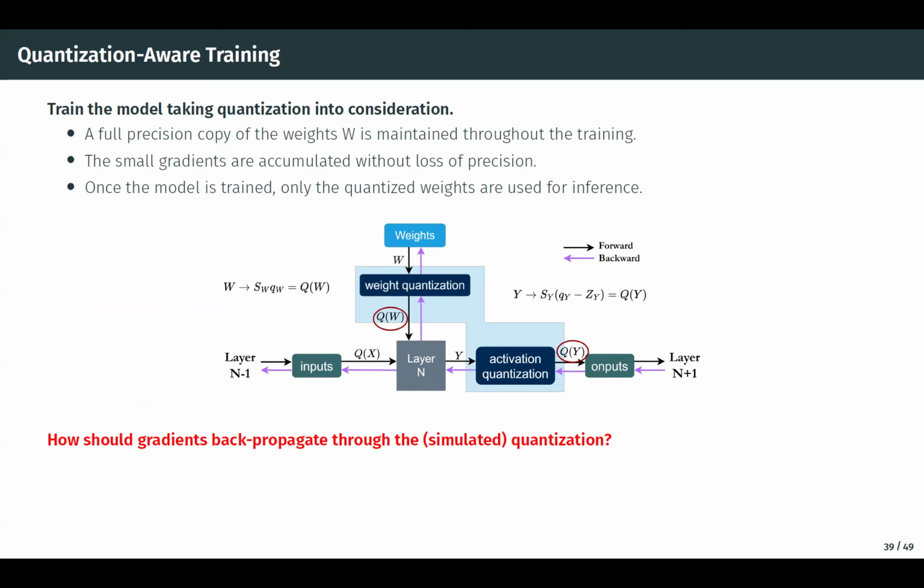Then in the backward process, you use the gradients that we mentioned and update the weights. Then you do another round, monitoring the accuracy of the model. Usually by doing so you improve the model's accuracy because you are updating the weights. So it's an iterative process of trying to recover from the effect of quantization.